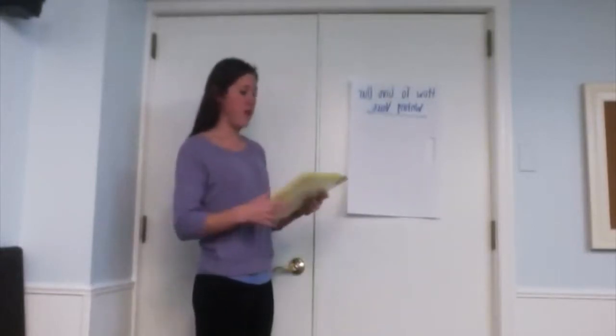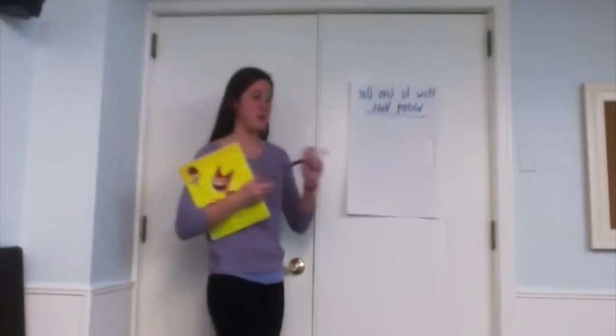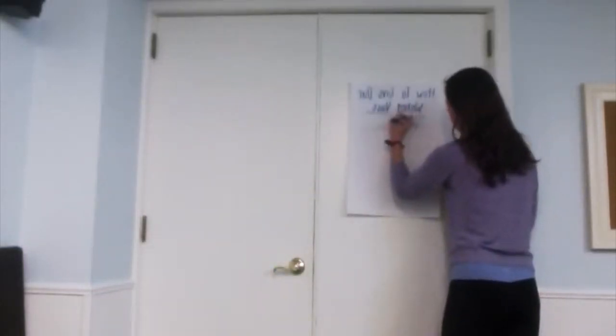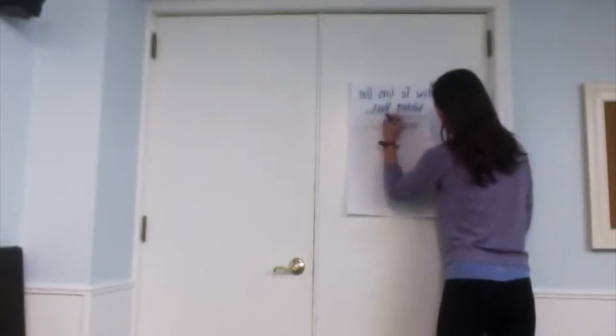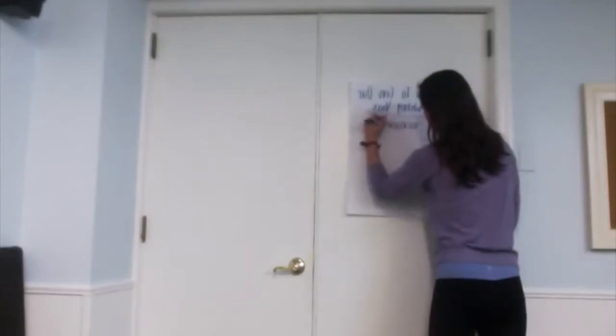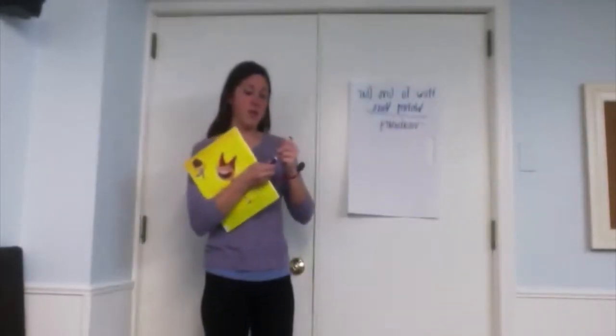So we've already said our vocabulary. We can make up fun words, but they have to make sense when we do them. So we're going to write it so we can remember our vocabulary.